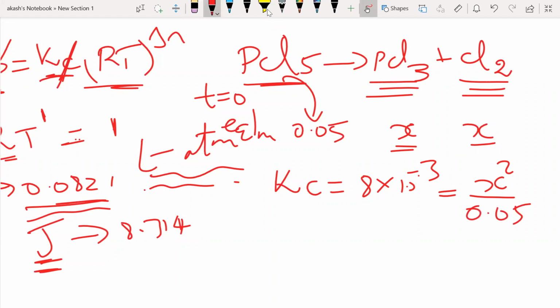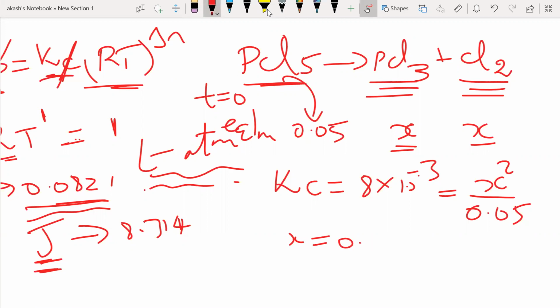That's it. So you can find x, and that is the concentration of PCl3 and Cl2. That's it. Okay, so I think this will become almost 4, so the answer should be 0.02. 0.02 and 0.02 should be the answer.